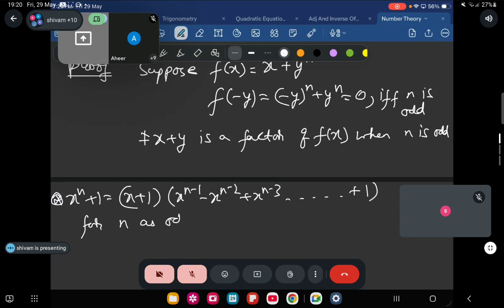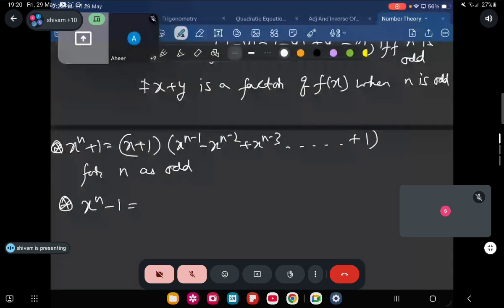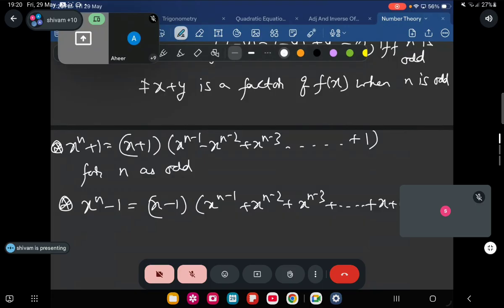And x power n minus 1 will be equal to x minus 1 into x power n minus 1 plus x power n minus 2 plus x power n minus 3 plus dot dot plus x plus 1.